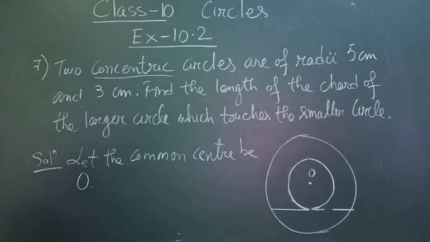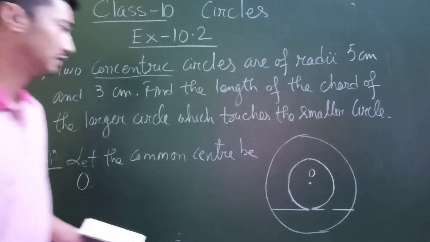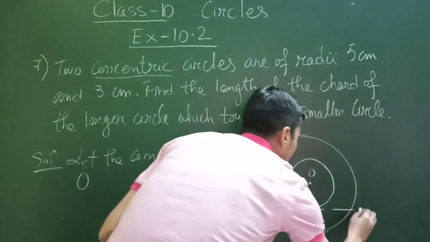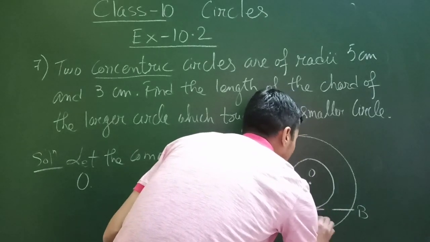Let's just assume, so let the common center be O. And let's name this chord as AB.